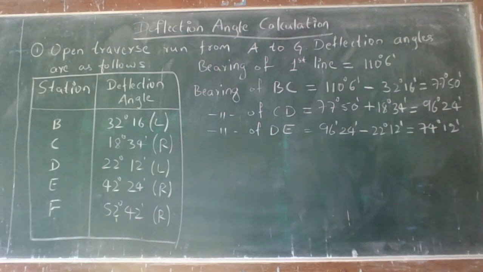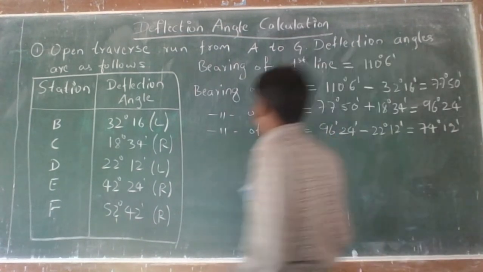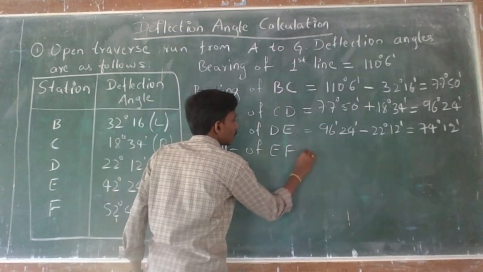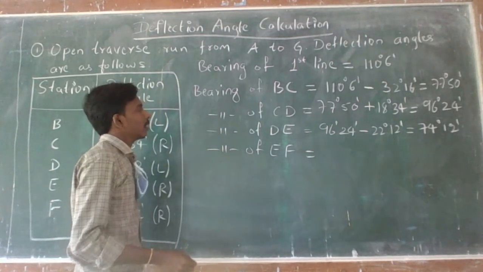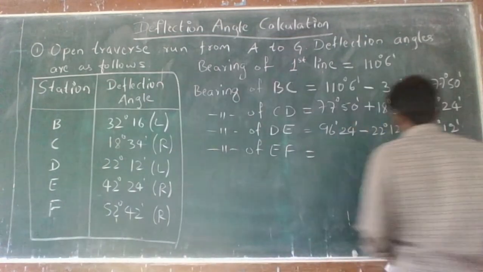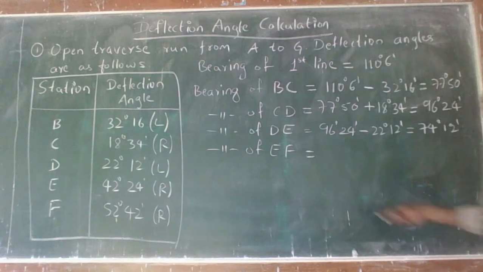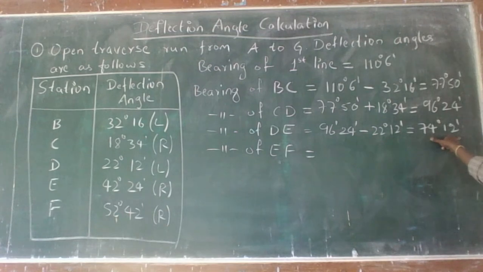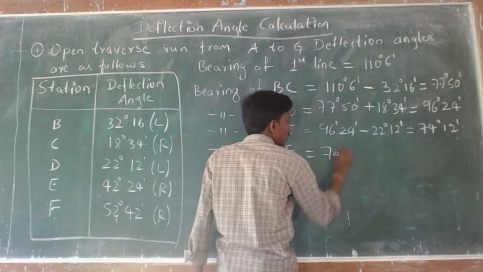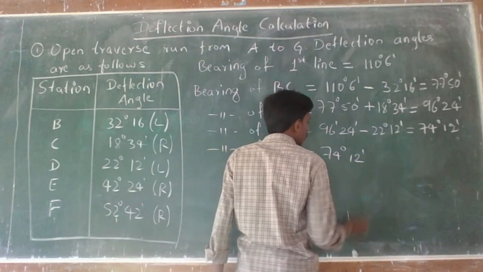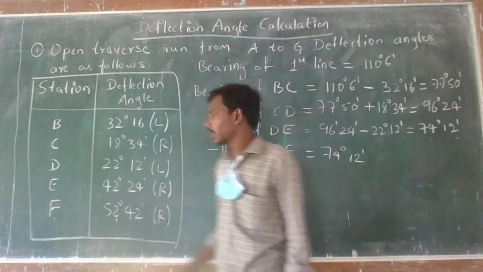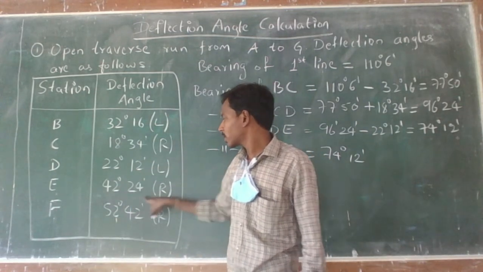Now in the same way, let's calculate the bearing of the line EF. Now here the bearing of the previous line of the line EF is 74 degrees 12 minutes. Now take this value 74 degrees 12 minutes. Now look at the table. The deflection angle of station E is 42 degrees 24 minutes right.